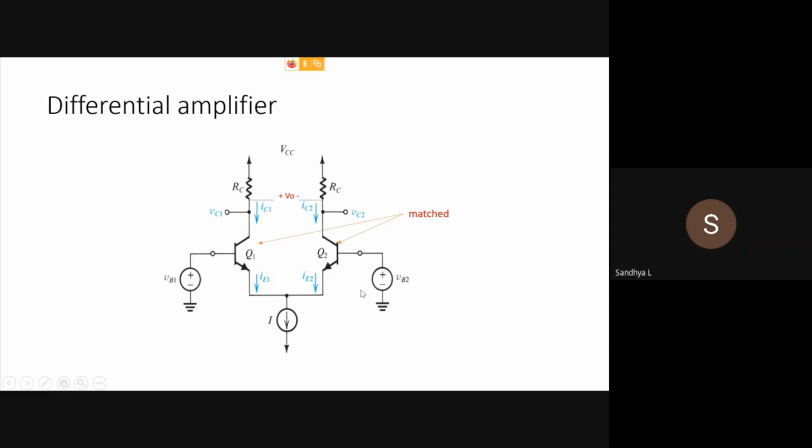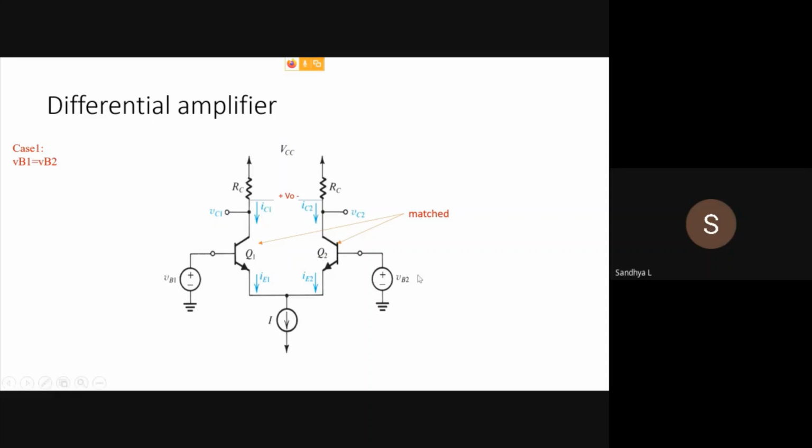When VB1 is equal to VB2, then you call it the common mode. That is, the differential amplifier is said to be in the common mode when both the inputs are same.